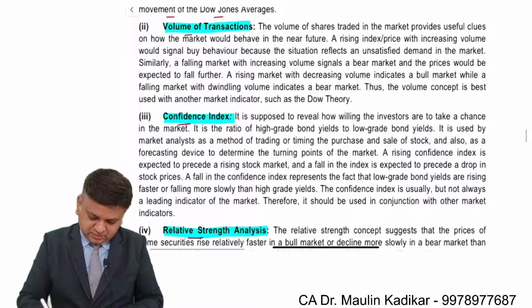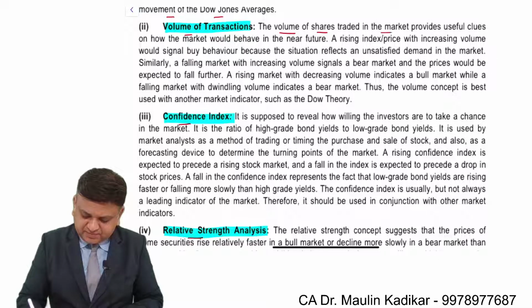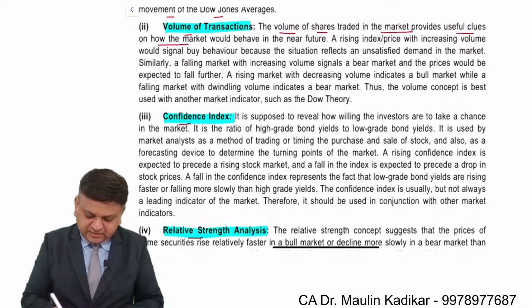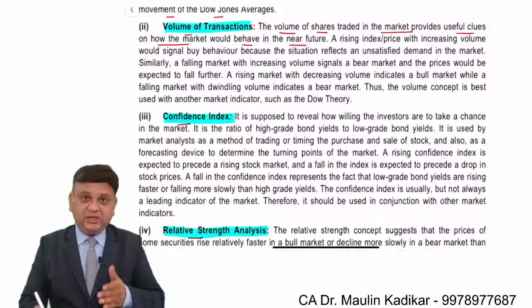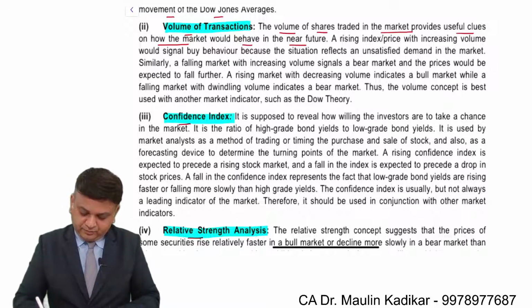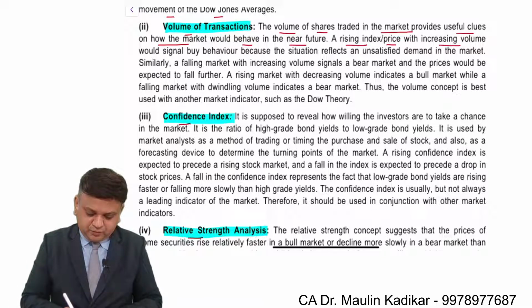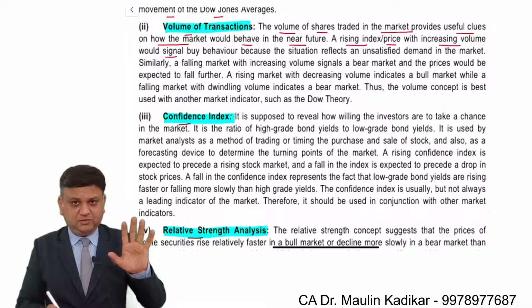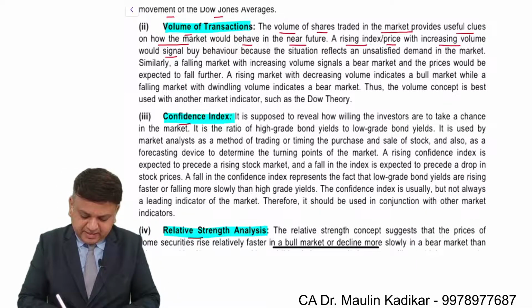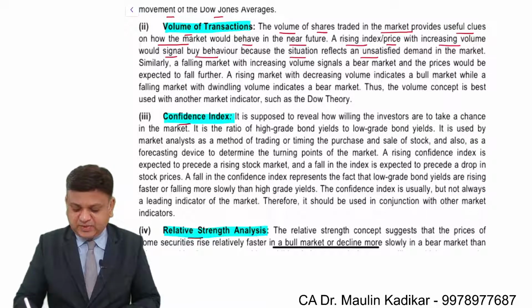this paragraph. The volume of the shares traded in the market provides useful clues on how the market would behave in the near future. A rising index of the price with increasing volume would show an indication of bullish behavior, but the situation reflects an unsatisfied demand in the market.